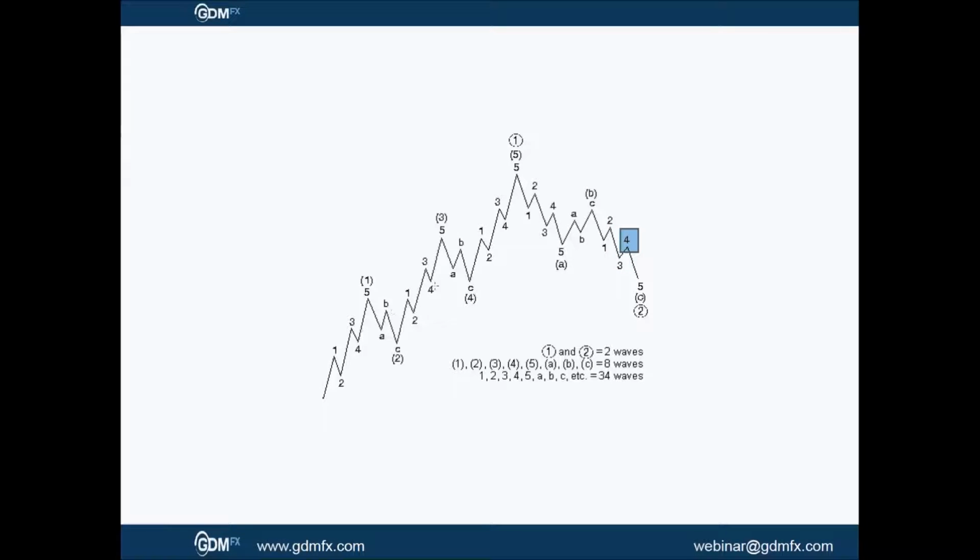Similar to every other over here. So the larger waves are composed of smaller waves, whether they're corrective or not.